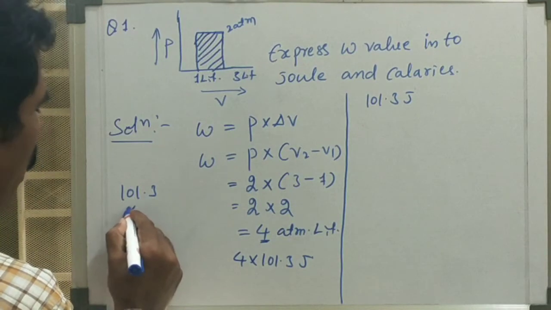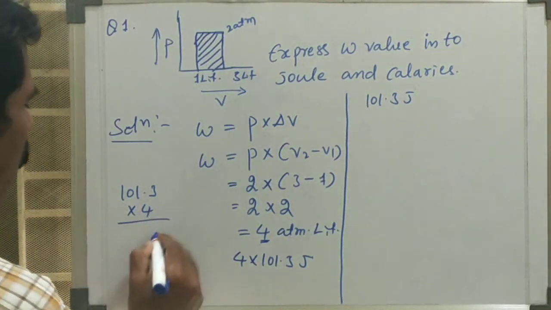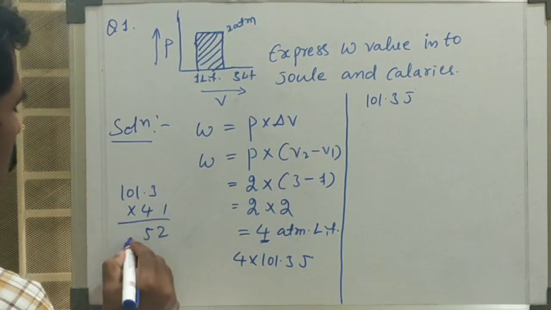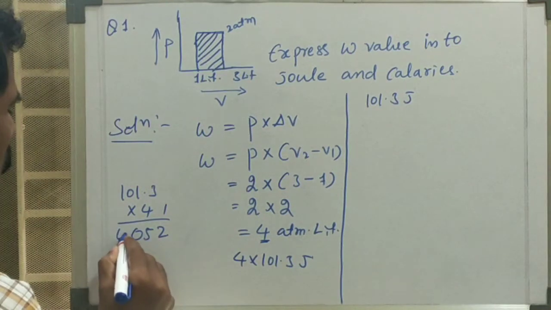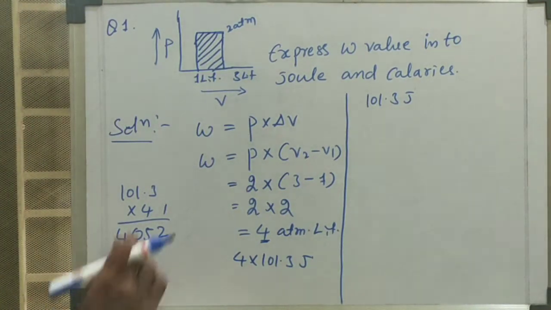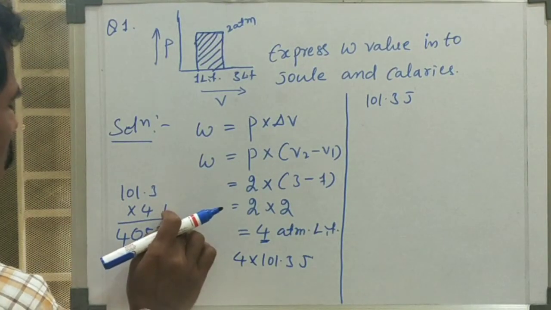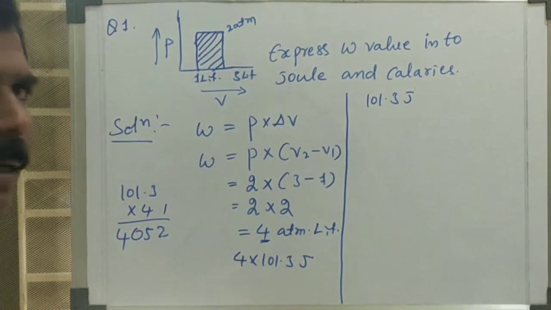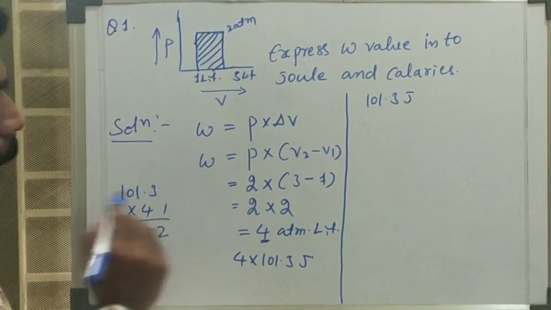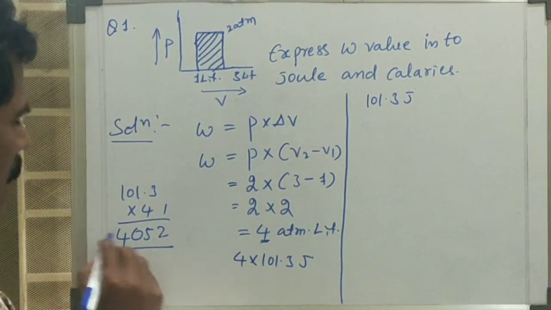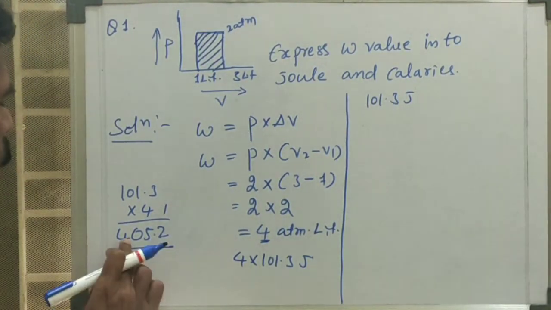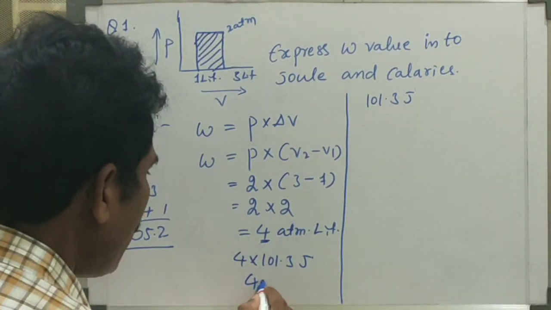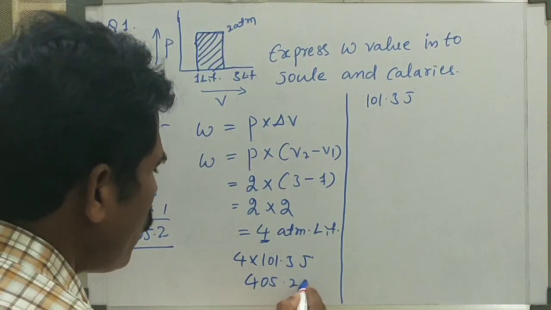Now we can do 101.3 into 4. After multiplication you will get 405.2 joules.